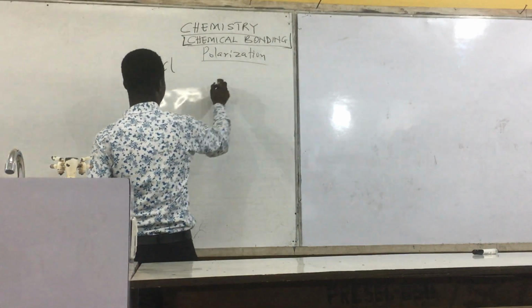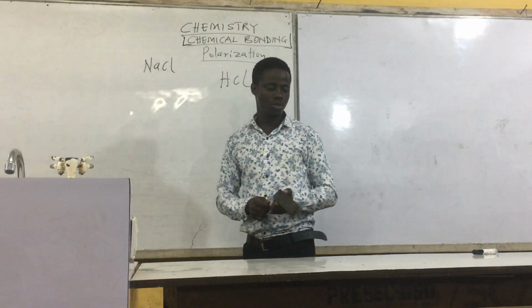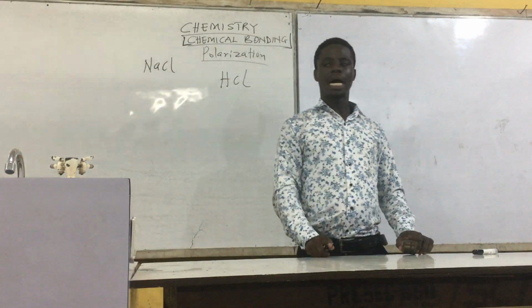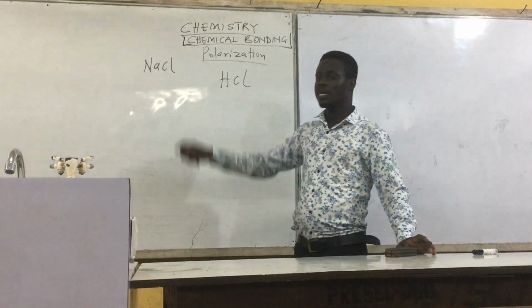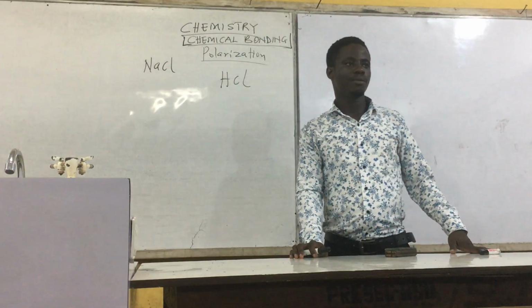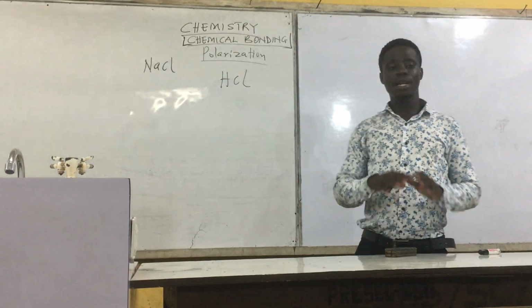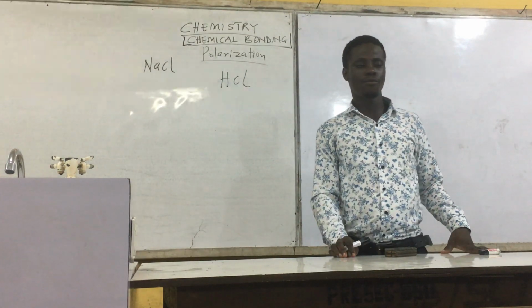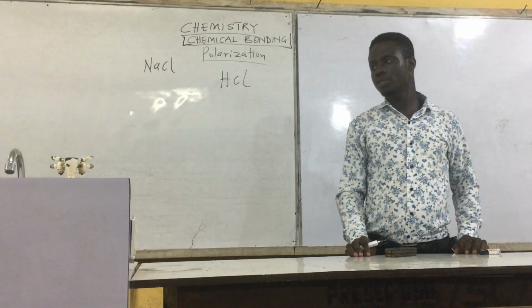And when you have a molecule like this, in our previous studies we said that this is a covalent molecule. Why is it covalent? We already said in our previous video that in covalent molecules there is sharing of bond pair electrons.